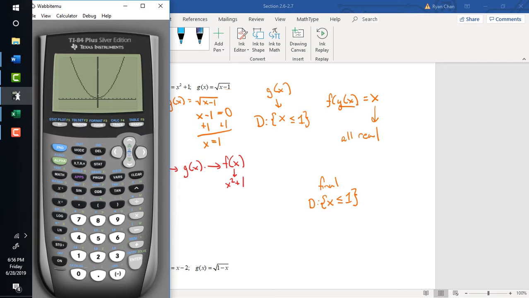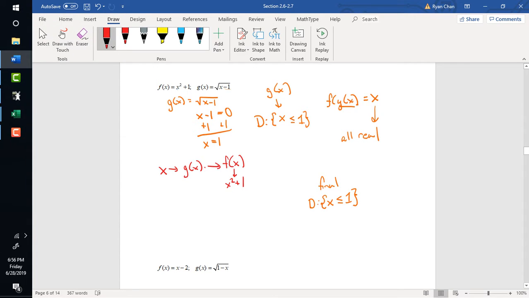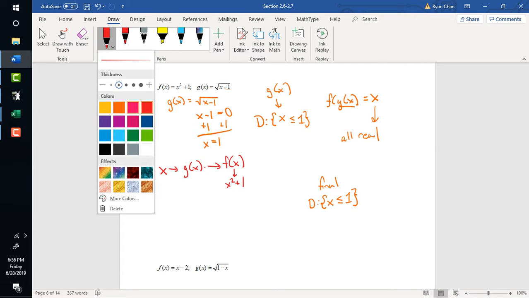Also, it's not just going up, it's also going left and right. So what does that mean? That means there's actually no x value that would break f of x. So f of x has a domain that's all real, okay?